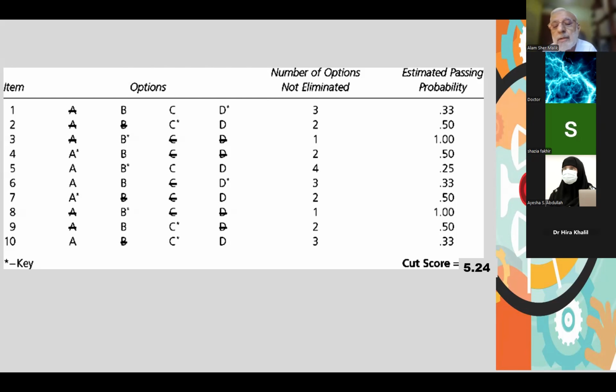Now, based on the training of SMEs, if they think that the minimally competent candidate would not be able to remove any distractor, then it would be 1/4, that would be 0.25. But what they do is that they never say that none of them would be able to do it.